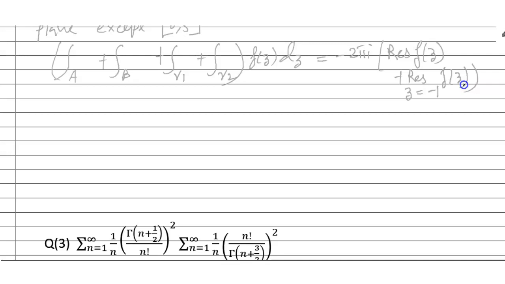So gamma 1, gamma 2 are circles around respectively.